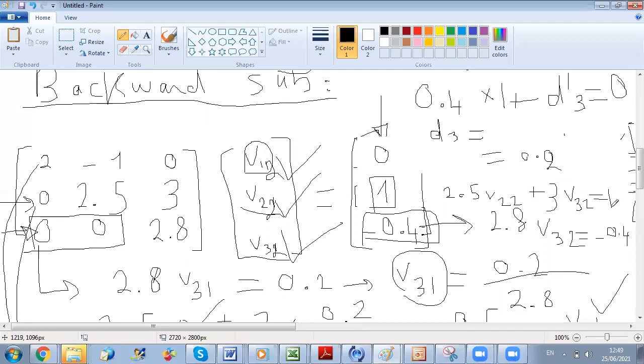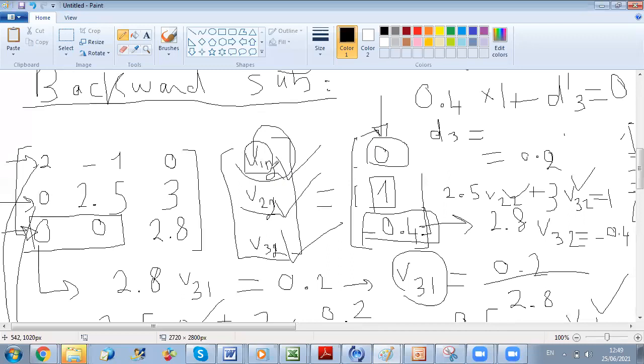And now, since already I got v32, I replace back here and I get v22. And finally, I use the first equation, which is 2 times v12 minus 1 times v22 plus 0 times v32, and then I get equals to 0, and then I get the value of v12.